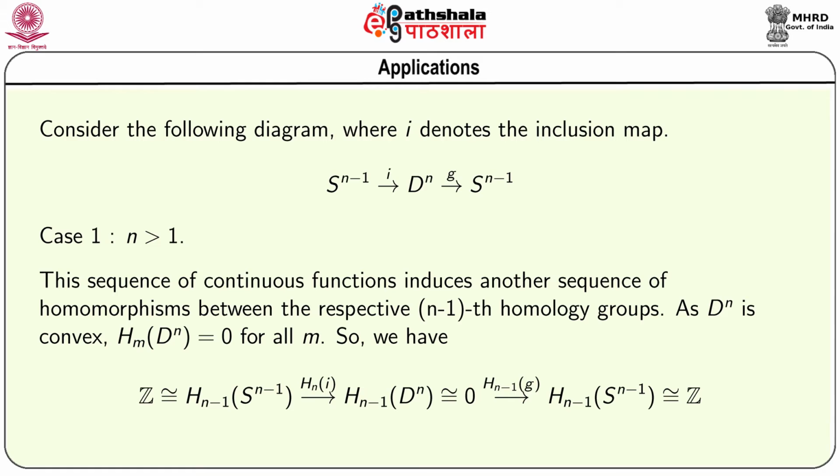Now, we consider the following diagram, that S^(n-1) is included within Dn, that is the boundary of Dn. So, i is the inclusion map, and Dn to S^(n-1) is the function g that we have already defined.